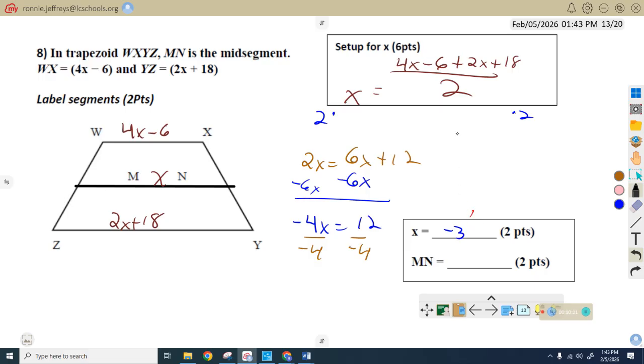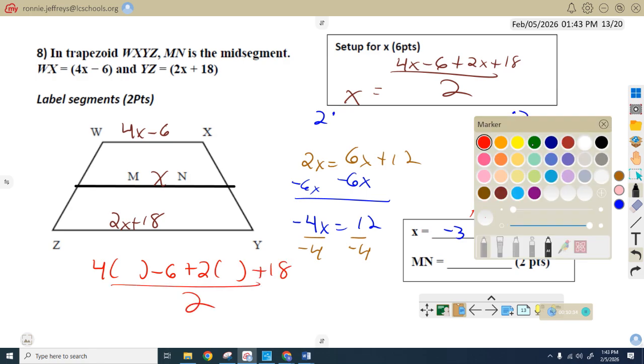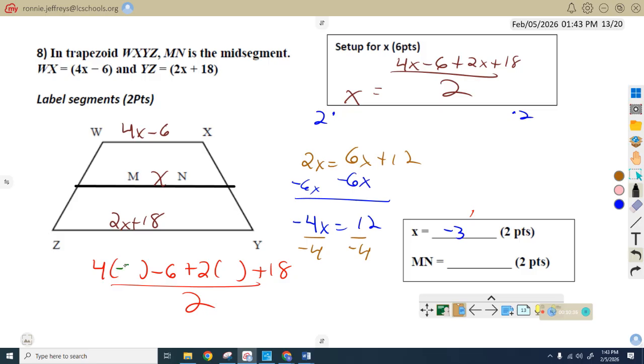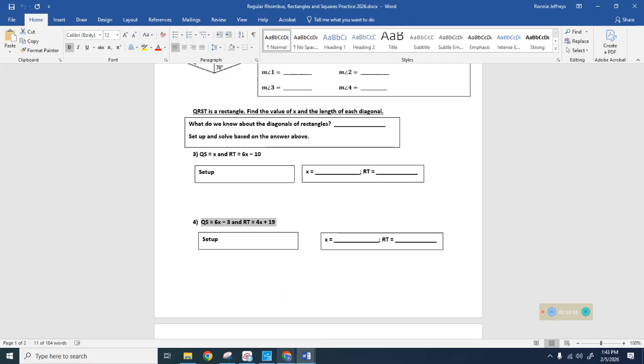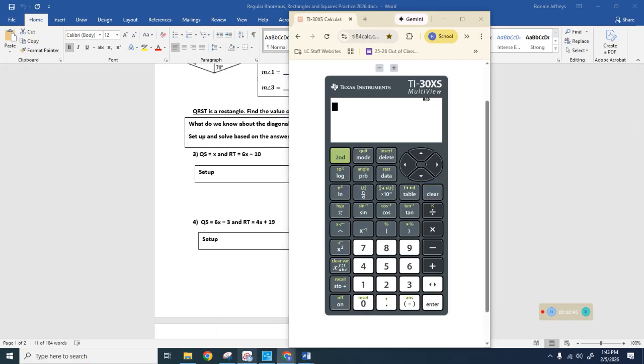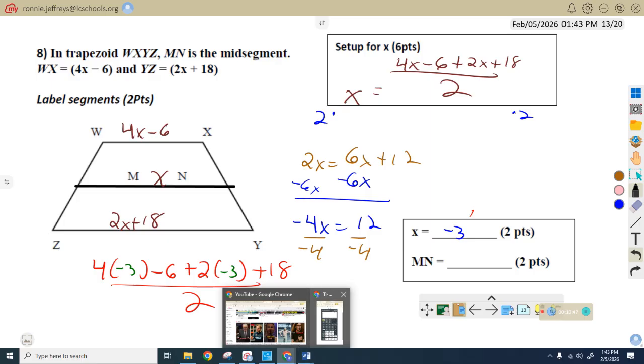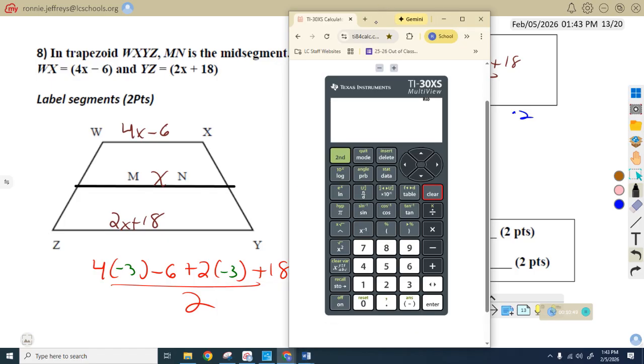Anywho, we're going to plug it back in to this and see what we get. Now, probably still end up with the same thing, but, you know, potato, potato. Now, not y'all's, by the way.